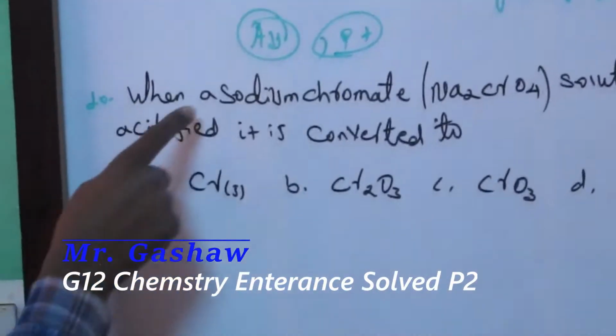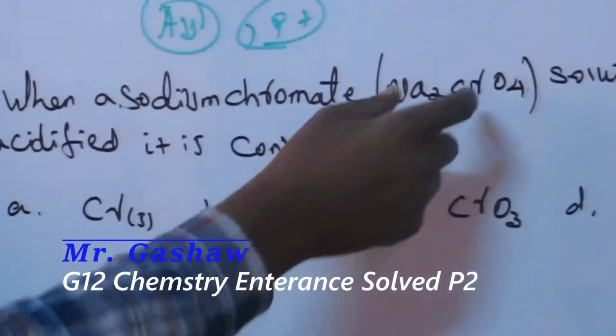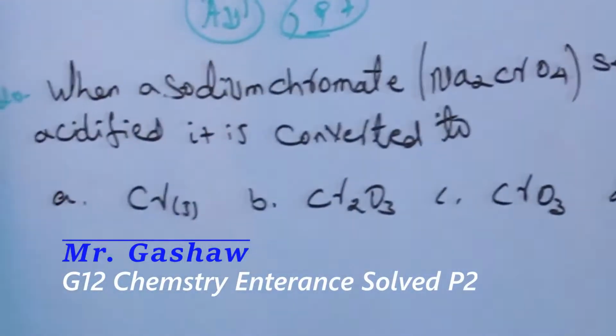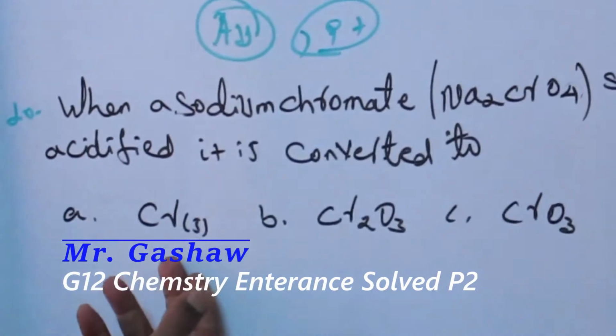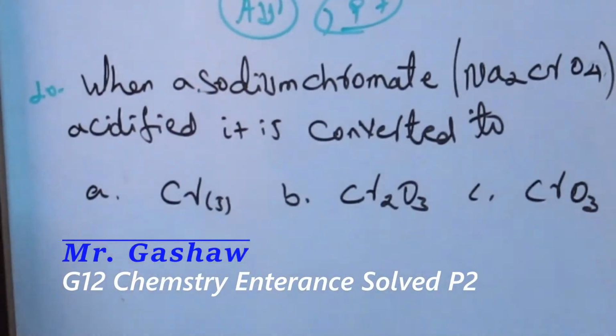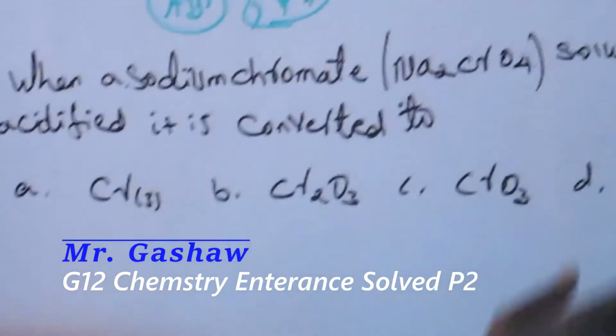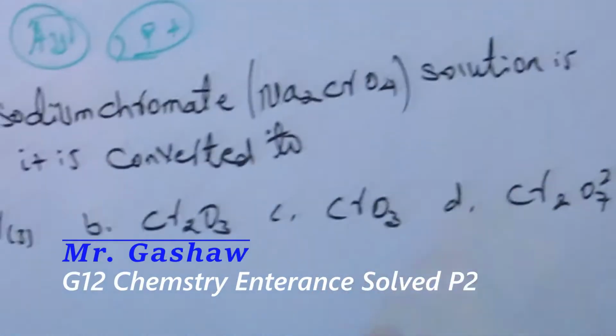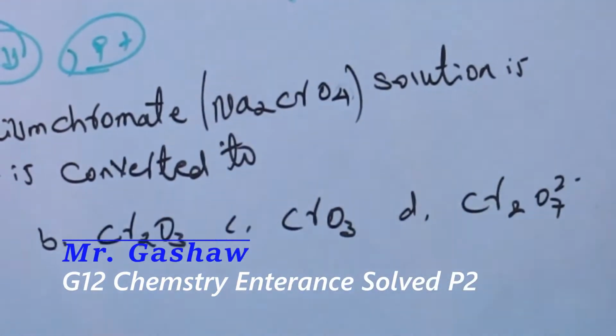The second one: when sodium chromate solution is acidified, it's converted into chromate ions.